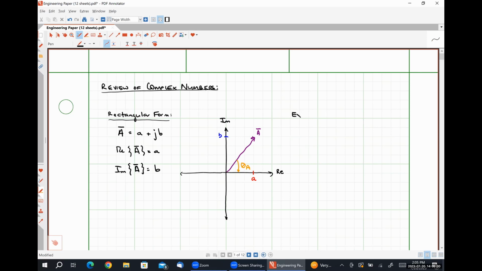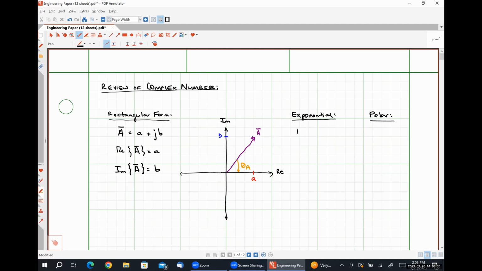We'll have the exponential form, which I'll put here, and the polar form over to the right. The exponential form and the polar form are literally the exact same information. They're just presented in a slightly different way.